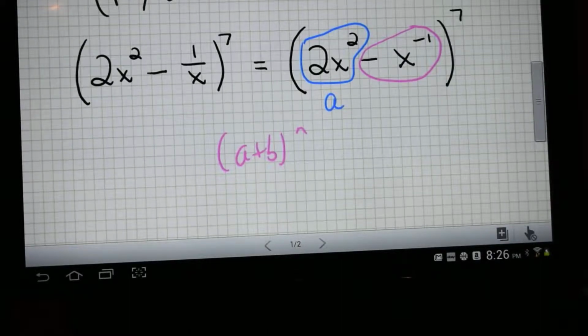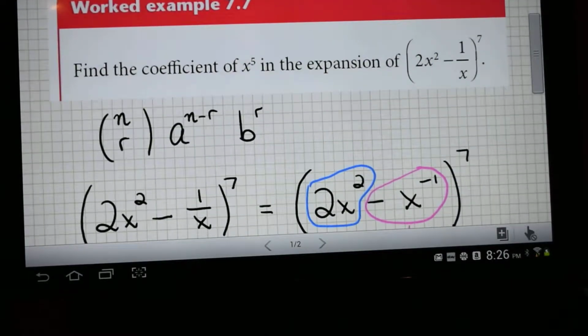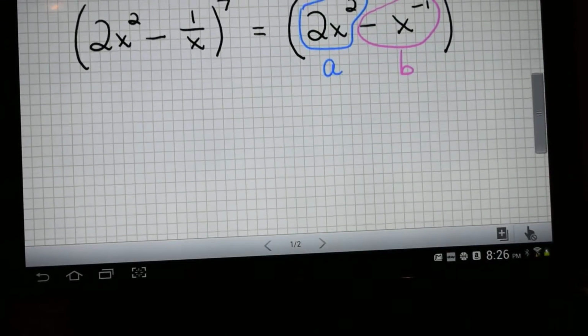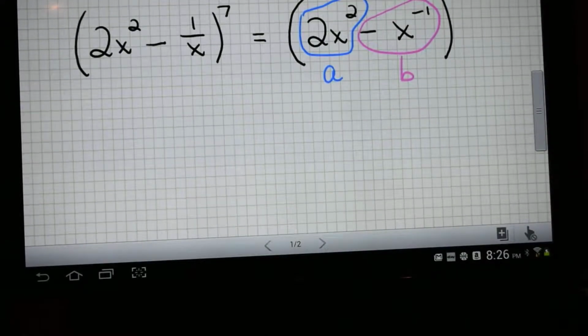So since there's a minus in the middle, we have to include that. And this whole thing is our B term. And we're keeping an eye on the fact that we have to have x to the fifth power. You don't want to have to do the whole expansion if you don't have to, because on the exam, they're anticipating that you're spending the least amount of time on it and not the most amount of time.